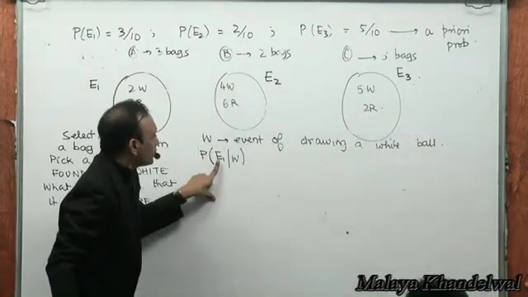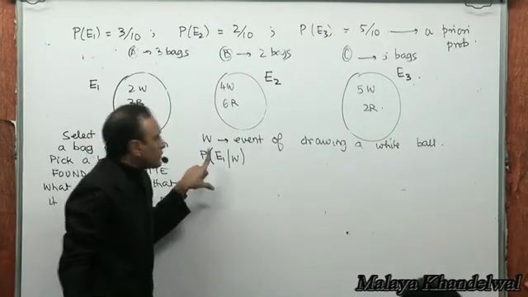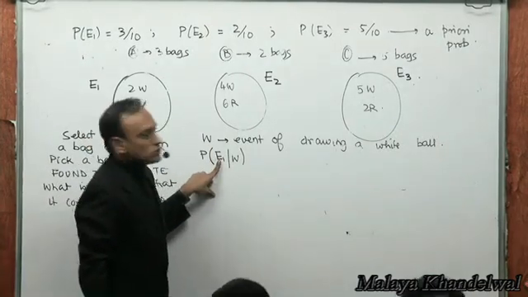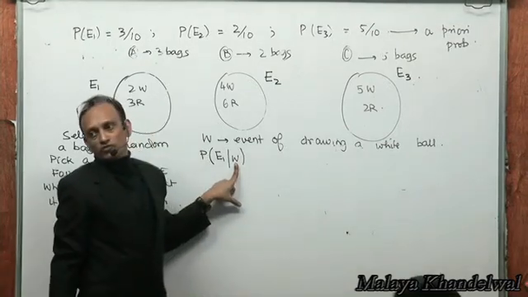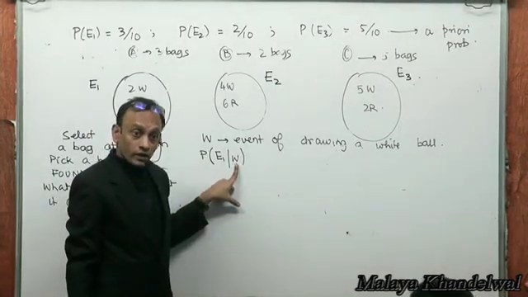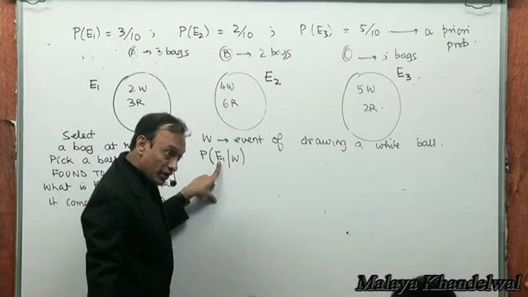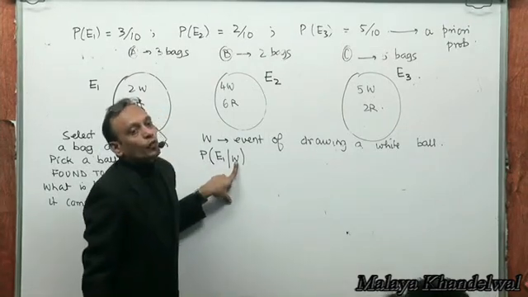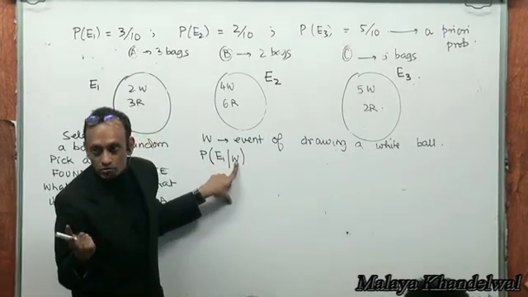Now, I want to find the probability that E1 was the cause given that a white ball was drawn, right? Probability of E1 given that white has happened, white has been drawn, right?